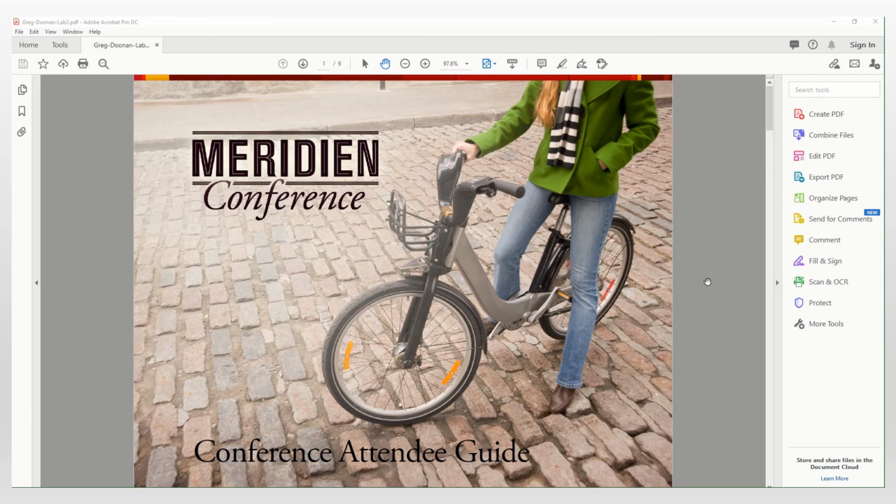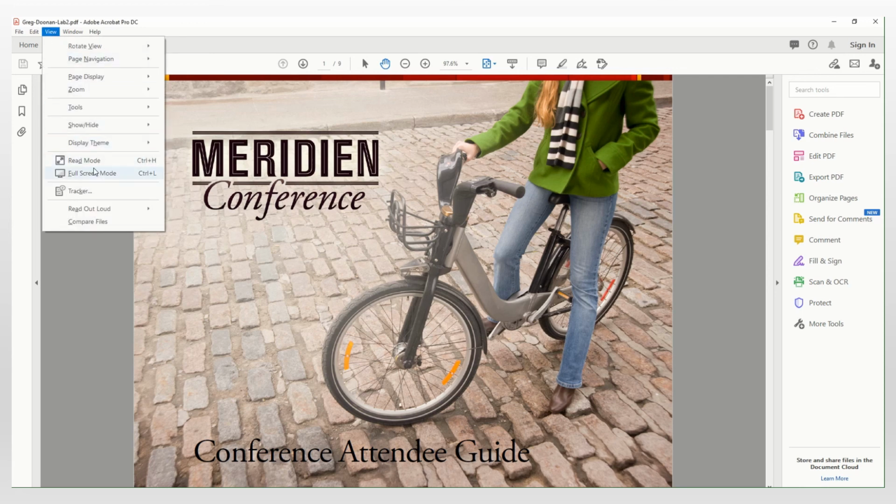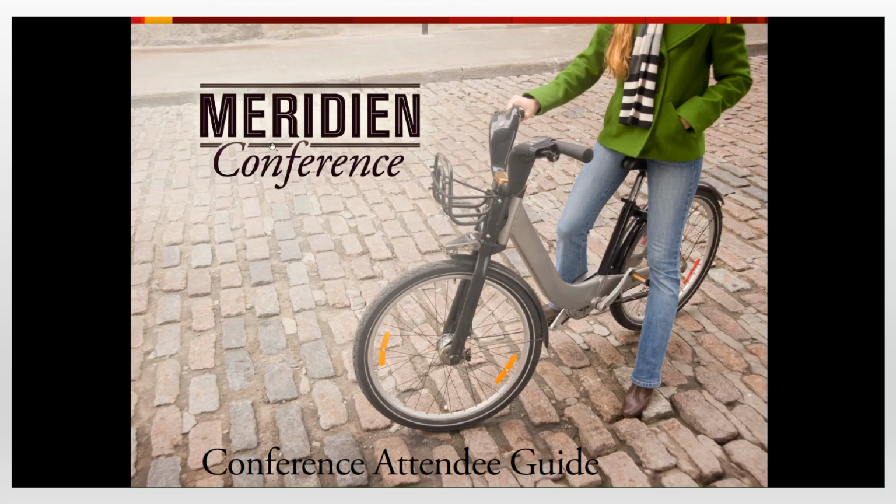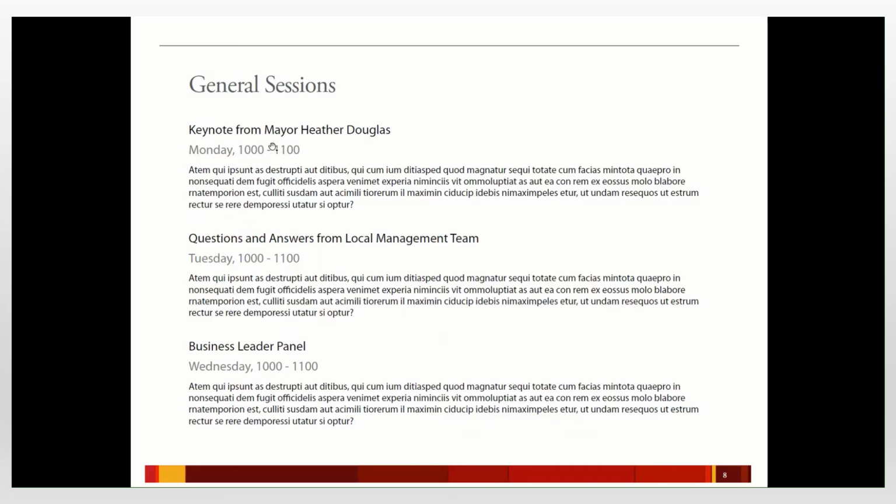Now lastly, we're going to take a look at full screen mode, and you can get to that from the view button on top, and there's a full screen mode option which you can click, and note that also is Control L. So if you click that, this now goes to a full screen editor, so you see no controls whatsoever.